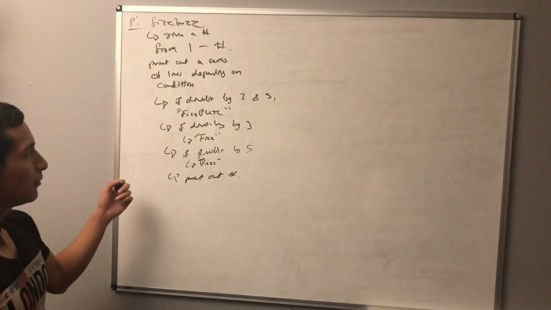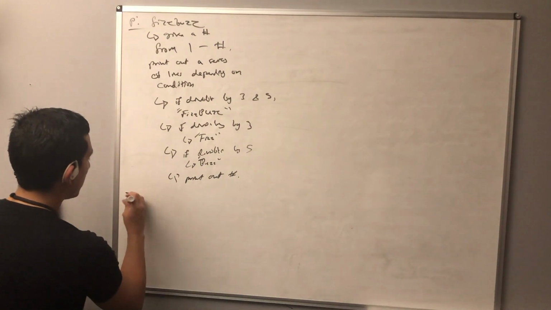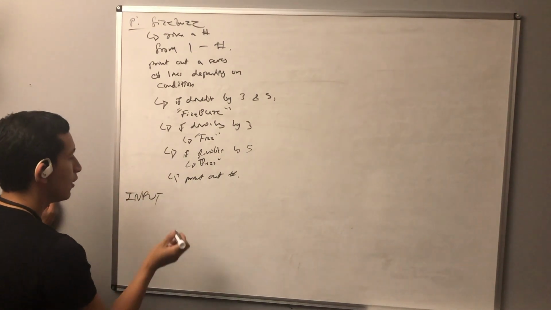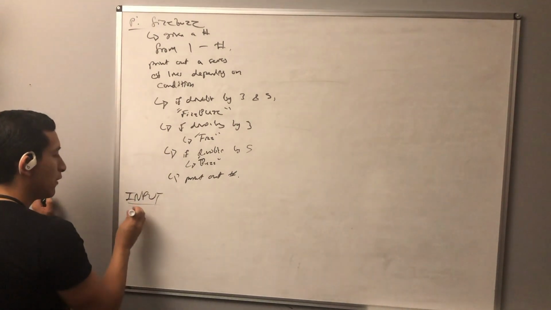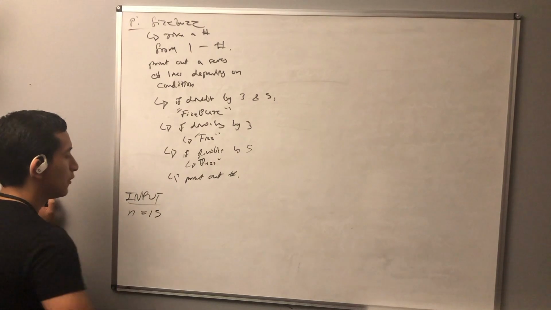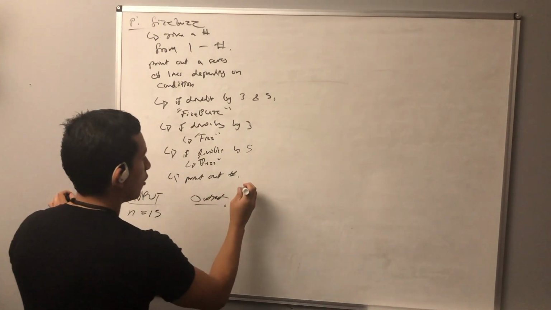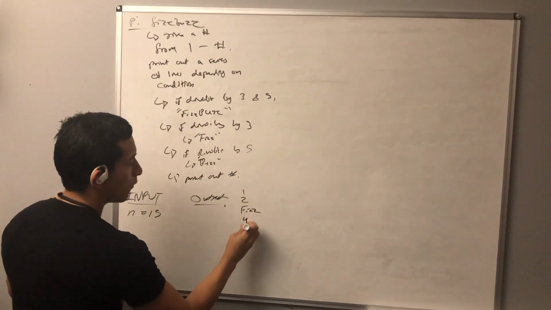So this is the problem. Excuse my very messy handwriting. Input and output. What should my solution take in as an input, and what should be the expected output? So input, if I'm given n equals 15, the output should look like 1, 2, Fizz, 4, Buzz.